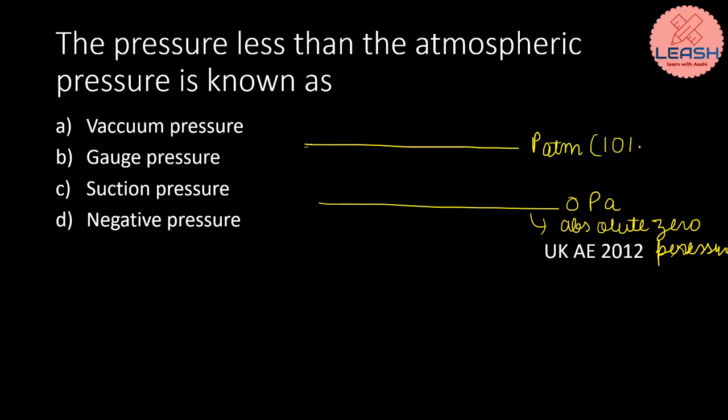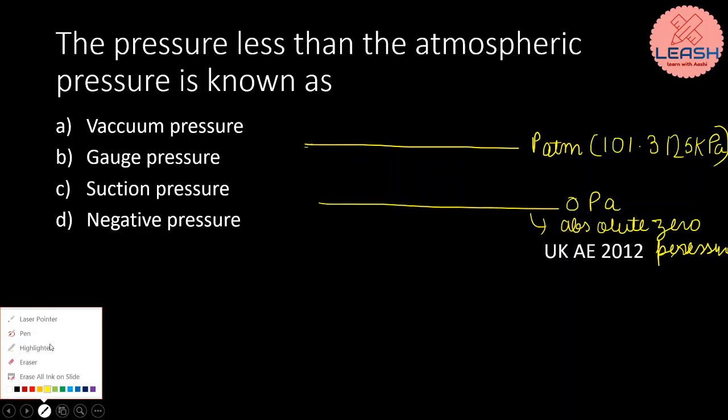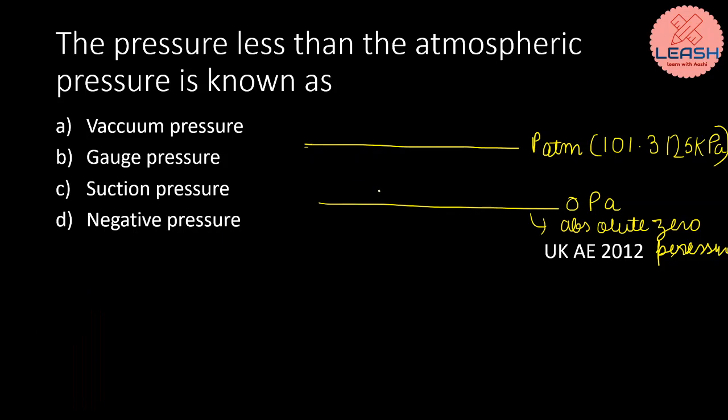Its value is 101.325 kilopascal. This is the value of atmospheric pressure. If I am considering the absolute zero as the reference, sorry, just a second. If I am assuming 0 as the reference, the pressure will be absolute pressure.